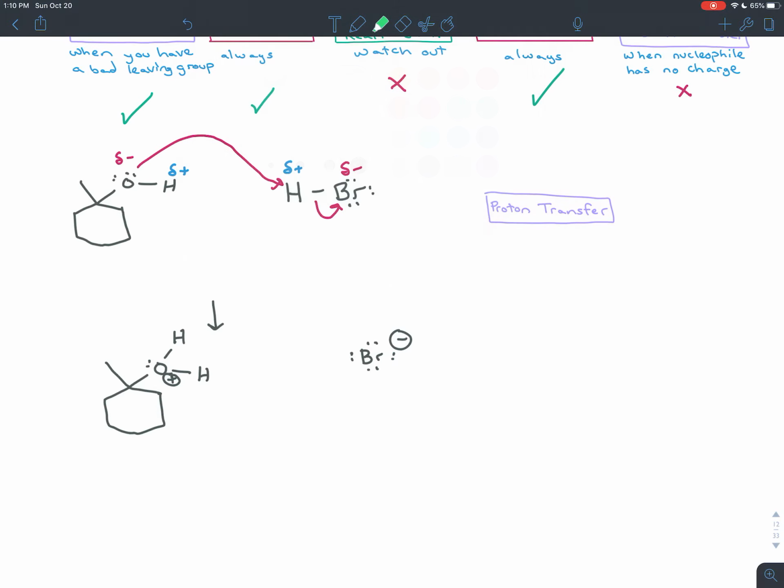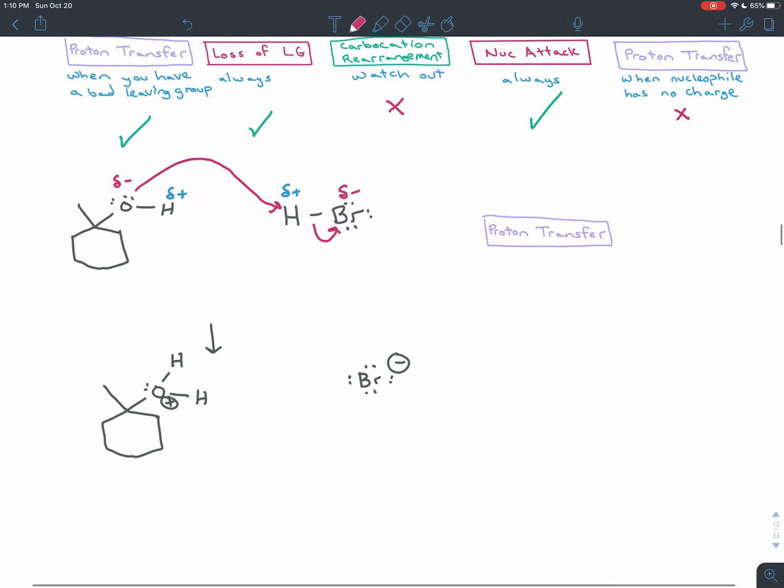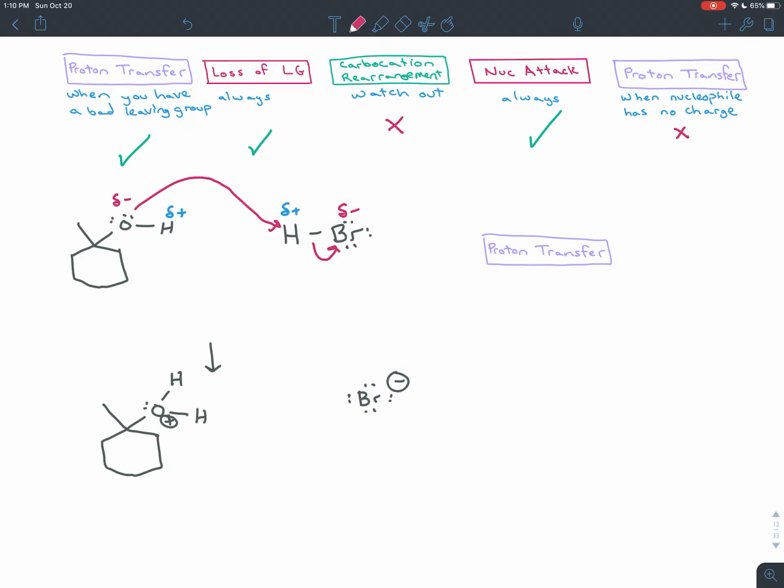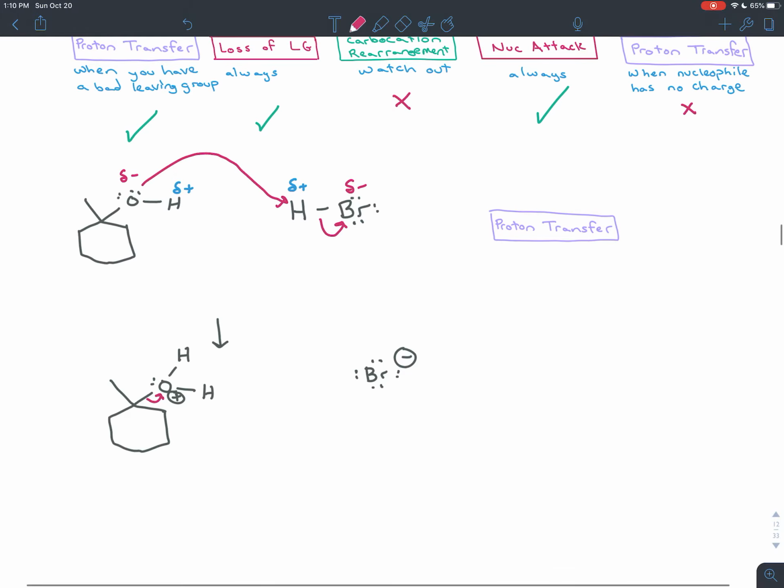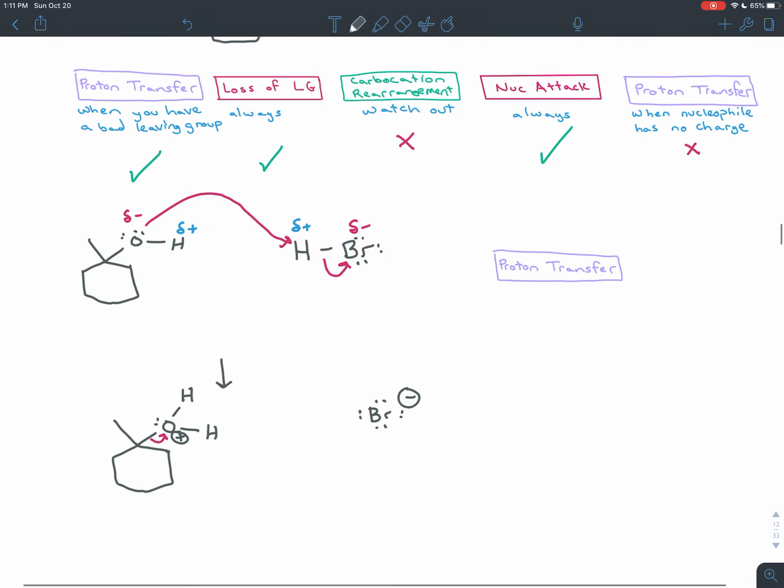Okay, so this is an awesome leaving group. It's water. If that comes off, water is very stable. And so now that we have a good leaving group, we can do the loss of leaving group. That can take those electrons in the bond and just put them on the oxygen. This is our loss of a leaving group step.